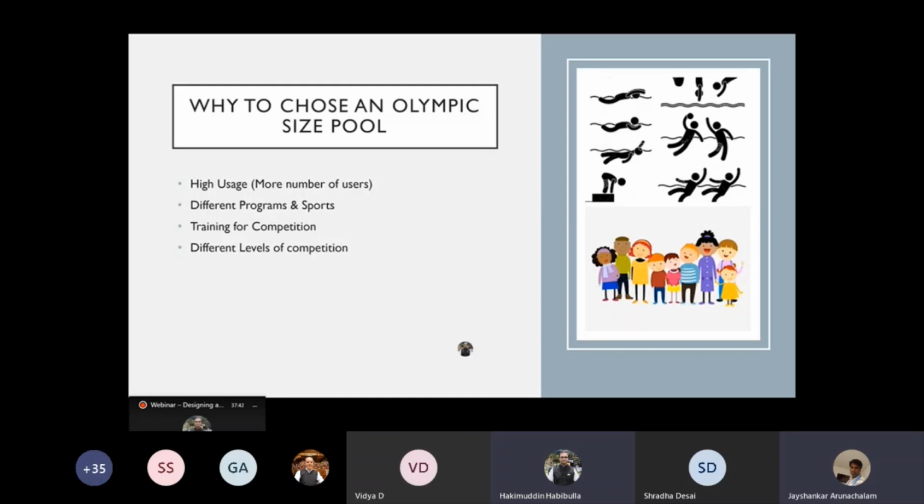To give an example of usage, in the US today we see close to 500,000 active competitive swimmers. And for every one of them, there are at least 5 others who are not part of a competitive program, but love to swim for health, fitness, recreation and leisure, and have the competency to swim the relevant distance.